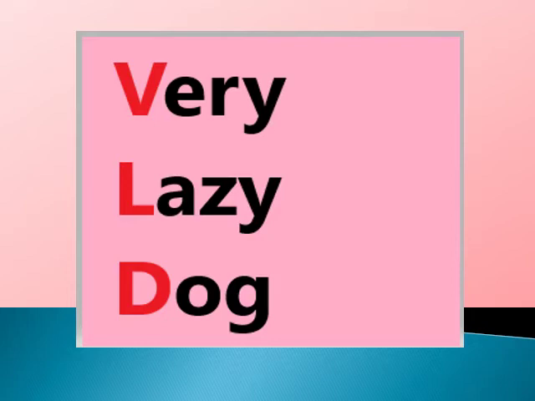Now if you remember this sentence, very lazy dog, you will know that V, L and D, the beginning letters of these words, are the Roman letters which should never be repeated. Therefore, the Roman numerals V, L and D should never be repeated. Keep this in mind.